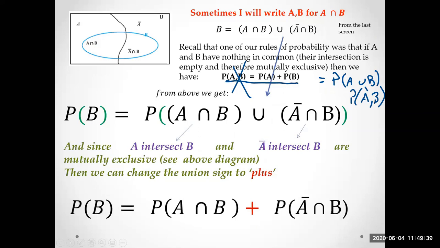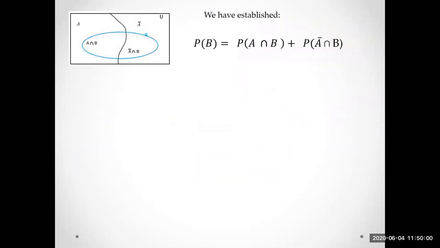Everyone see that? Because these are disjoint, we're allowed to do the plus. We spent some time deciding that that was okay. So now we have the probability of B can be written like that.